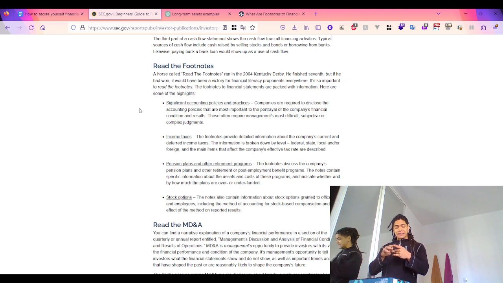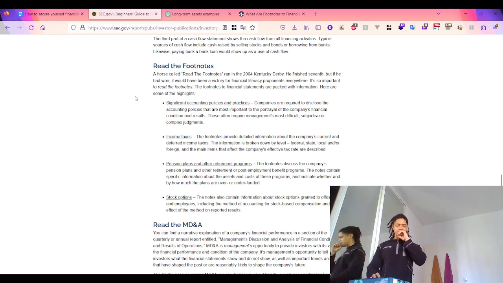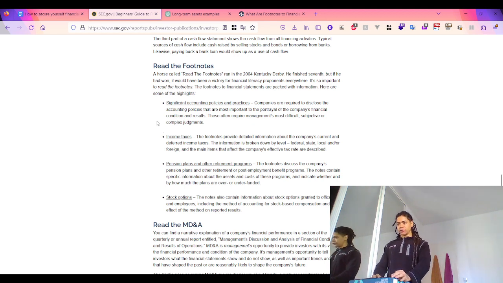Significant accounting policies and practice is how these companies adhere to accounting principles, whether it's GAAP, the Generally Accepted Accounting Principles in the US, or the International Financial Reporting Standards.